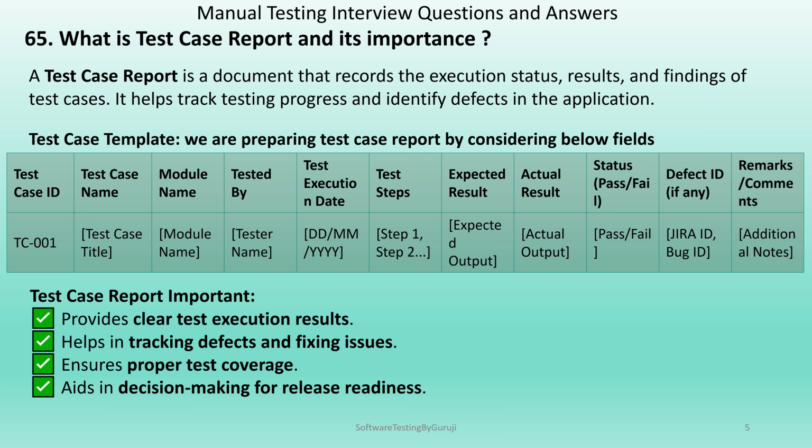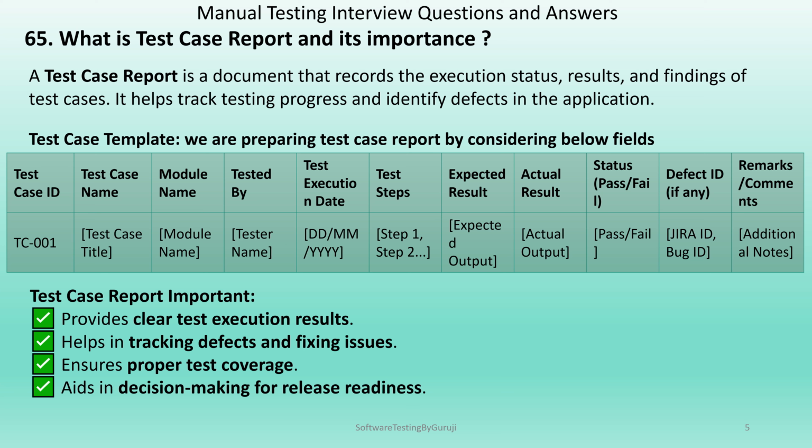Test case ID, here the test case ID is mentioned, test case name, the test title we are mentioning here, module name, tested by, the tester name we are mentioning, test execution date, test steps, whatever test steps are required to execute that test case, we mention all of that here, expected result, actual result, and status pass or fail.